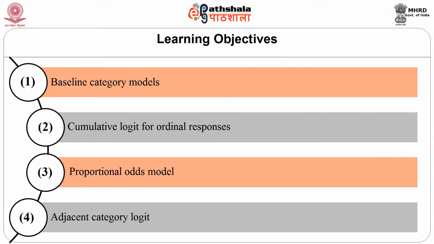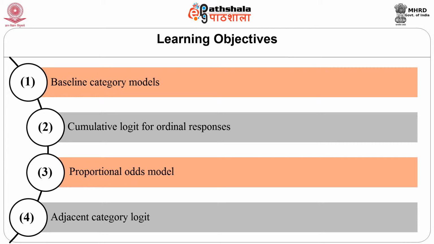We shall look at several different options, both for the case where we have nominal outcomes and for the case where we have ordinal outcomes, see the details of the fitting procedure as well as some examples to give you an illustration. Learning objectives for this module.